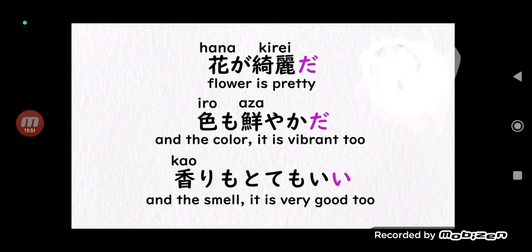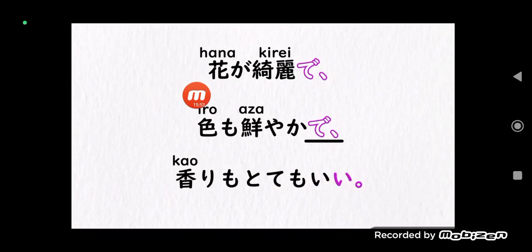So what would be the answer? Here, hana ga kirei de, and then comma, iro mo azayaka de, and then kaori mo totemo ii. So as you can see, in the last mini clause of the compound sentence, you need not do the conversion nor any conjugation.